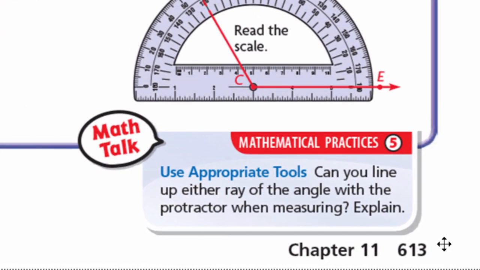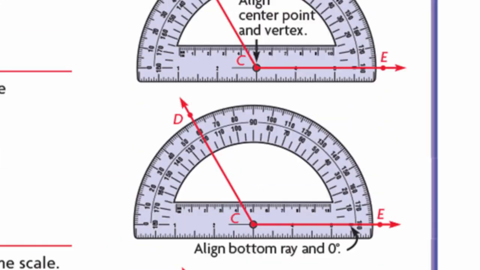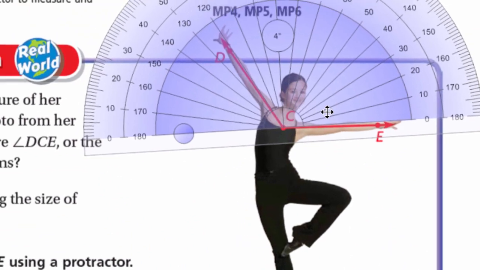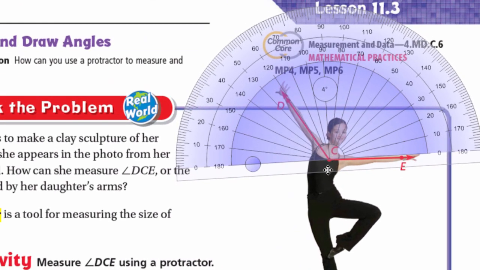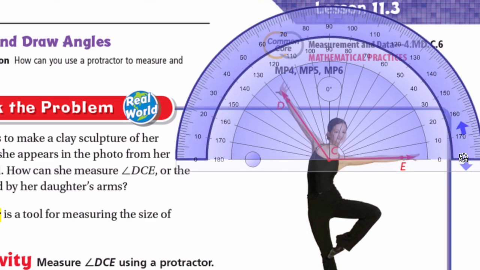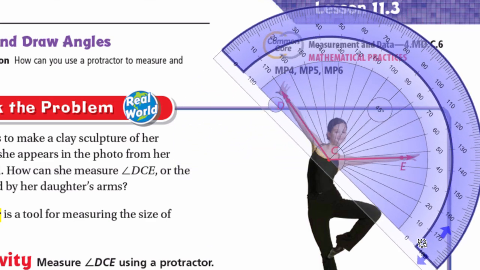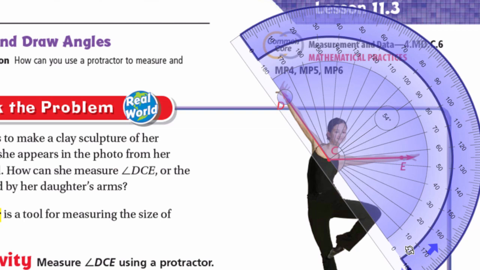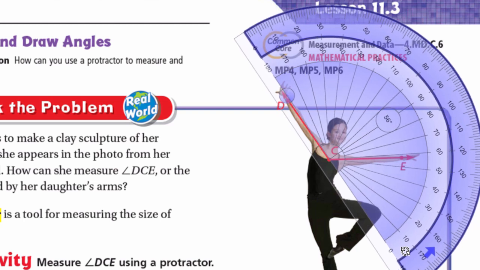Now, math talk. Can you line up either ray of the angle with the protractor when measuring? We lined up the ray CE with the protractor. Can we line up the ray CD? Let's see. We put the center of the protractor on the vertex, and we line up the ray CD with the 0 degree mark of the protractor.